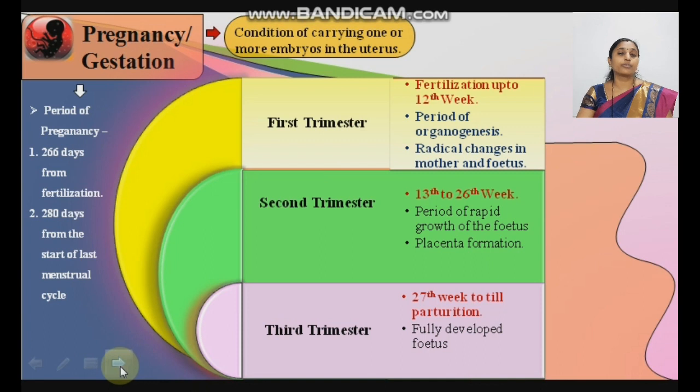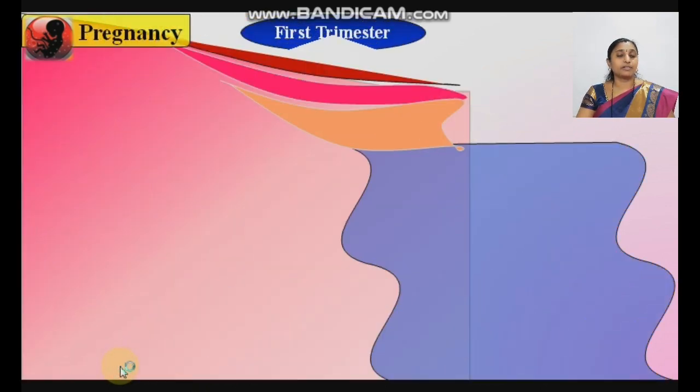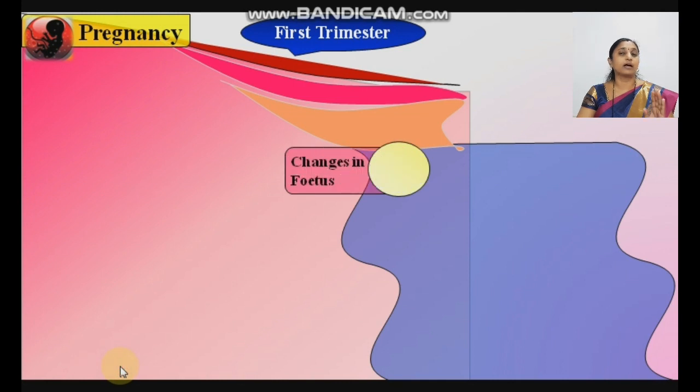Now we will first discuss the first trimester. What changes take place during it? It is about 12 weeks, 3 months, from fertilization. Changes in the fetus: changes in the growth pattern, changes in the development of organs, formation of some systems, and the start of movement of the fetus.